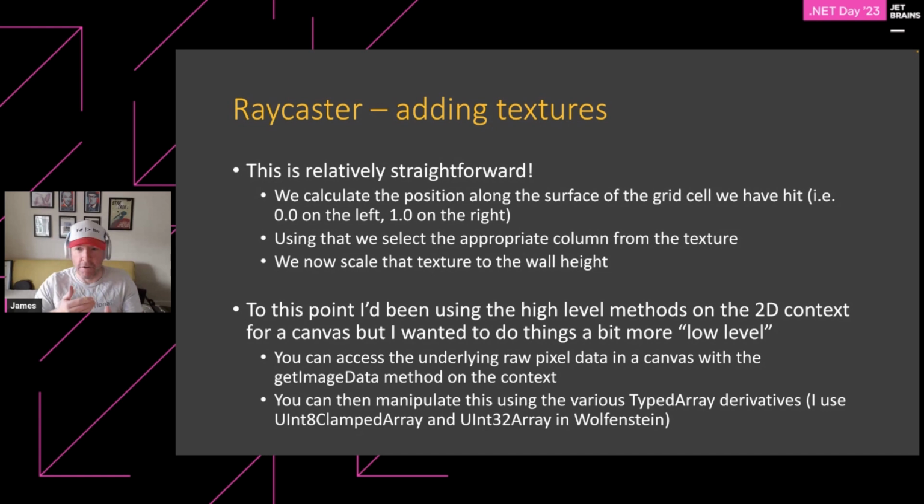But if you're going to draw a texture, the texture being a little sprite graphic, we need to know which slice of the texture to put in that column. So there's a little bit more maths involved to figure that out. And once we figure that out, we simply scale the source image to the right height. So like an image resize essentially.